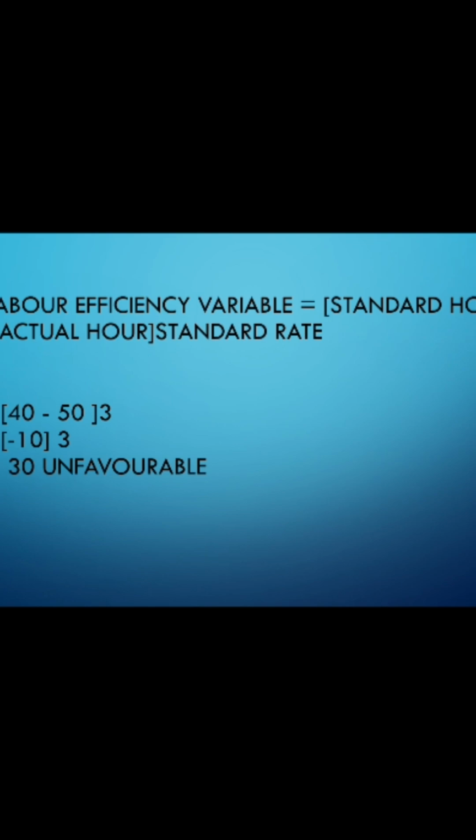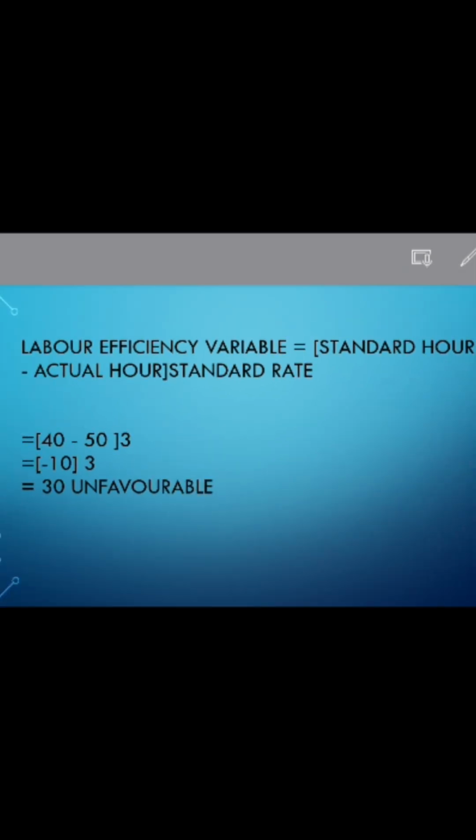Labor efficiency variance is equal to standard hour minus actual hour into standard rate. Here the standard hour is 40 and the actual hour is 50 and the standard rate is 3. Therefore, it is minus 10 into 3 and it is unfavorable.